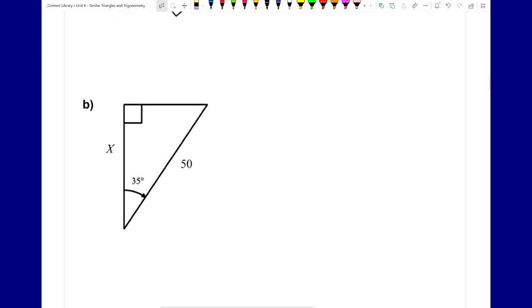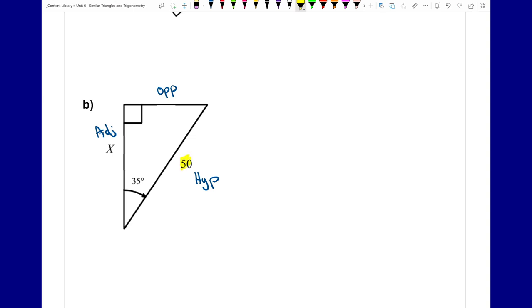For our next one, again, the first step is to label the sides. 50 is the hypotenuse, it's across from our 90-degree angle. We're given an angle of 35. Across from that is our opposite, and beside it is our adjacent. Now that we've labeled the sides, what sides are we dealing with?